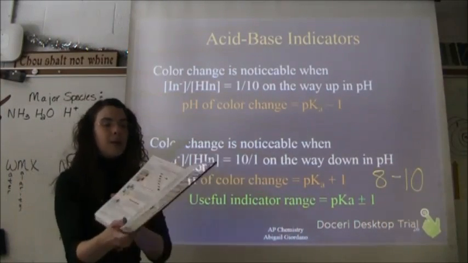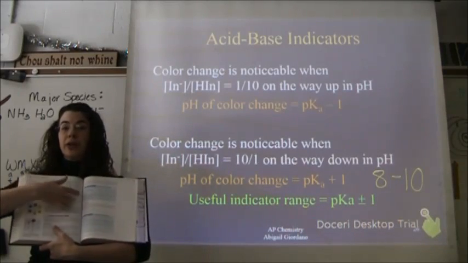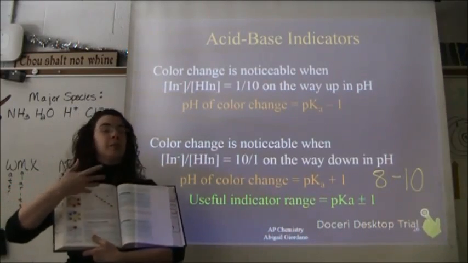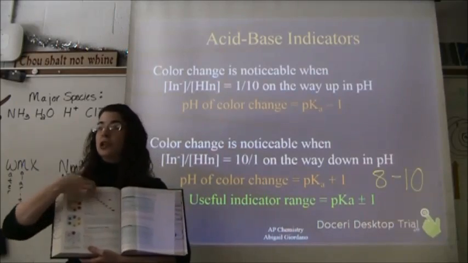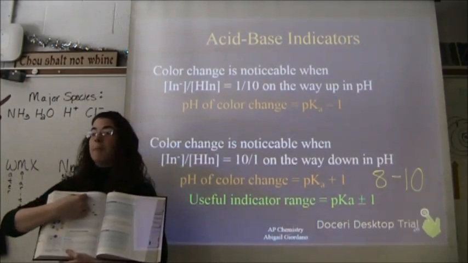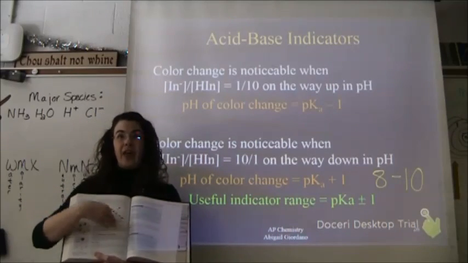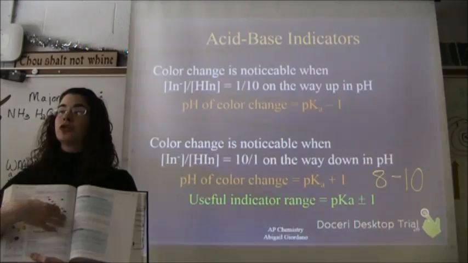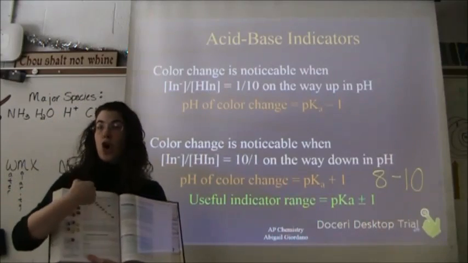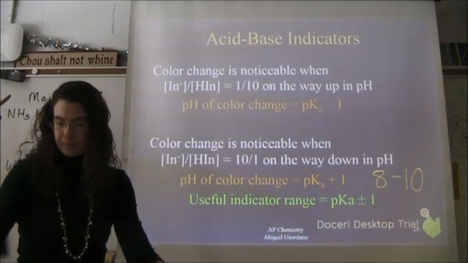Okay? Please look at this chart in your book. There are 7 different indicators. There's many more than what are in this chart, but just look at the ones they've given us. Each one has a band, which is not only showing you the colors that these indicators turn, but it's also showing you where their useful ranges are. Please look at this chart.